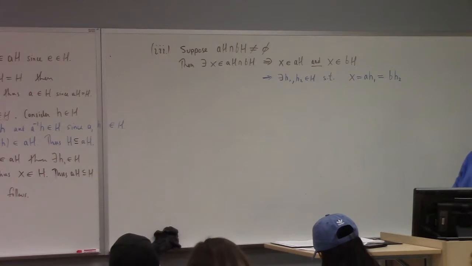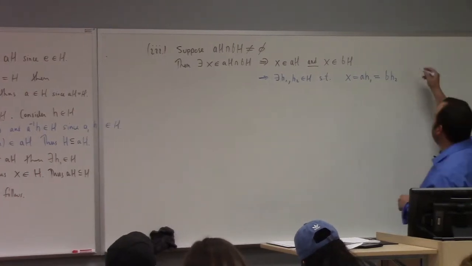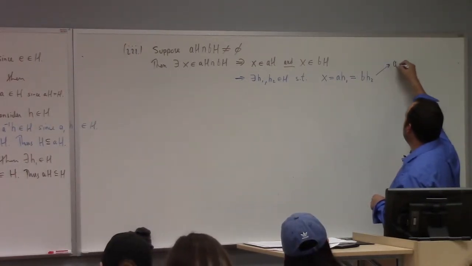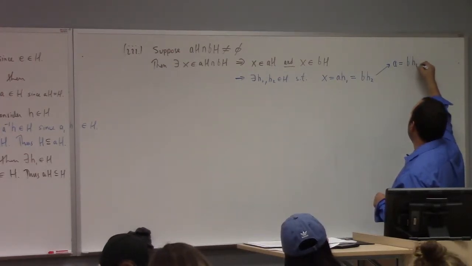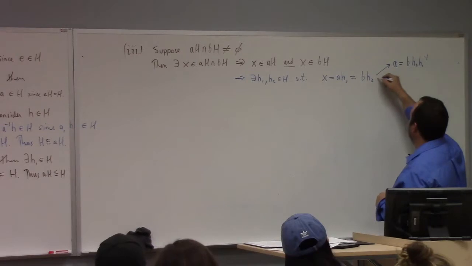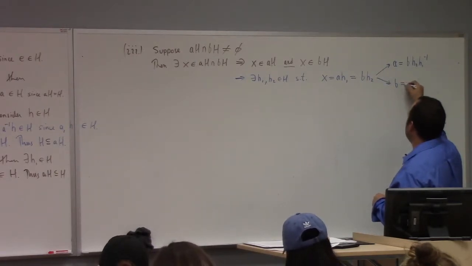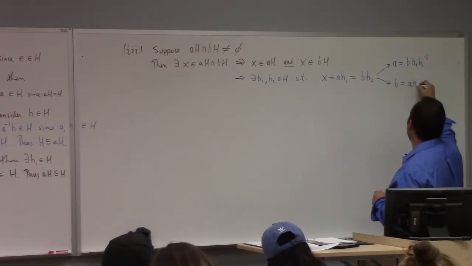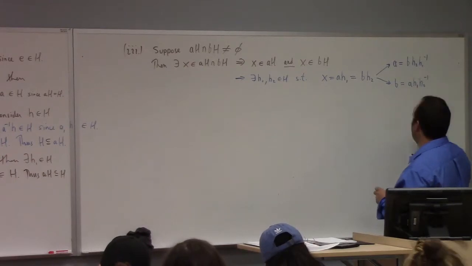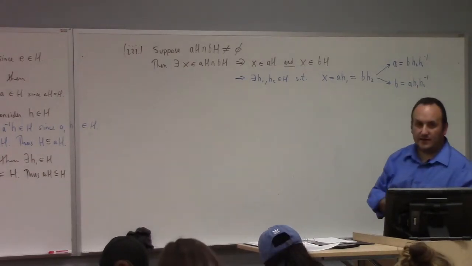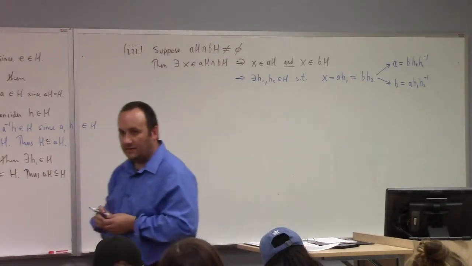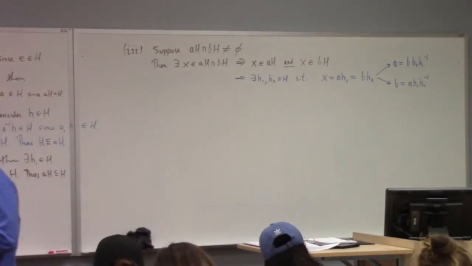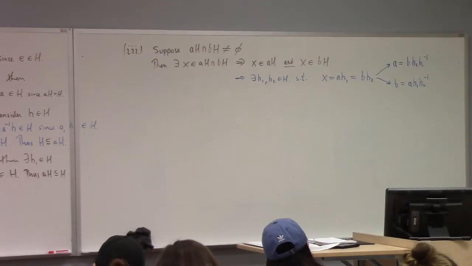So you can see two different things from this, right? You could see that A is equal to B H2 H1 inverse. And you can also see that B is equal to A H1 H2 inverse. And I think either of those gives us license to rewrite the coset represented by A as the coset represented by B.